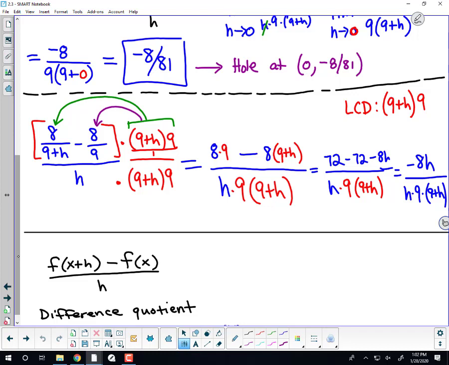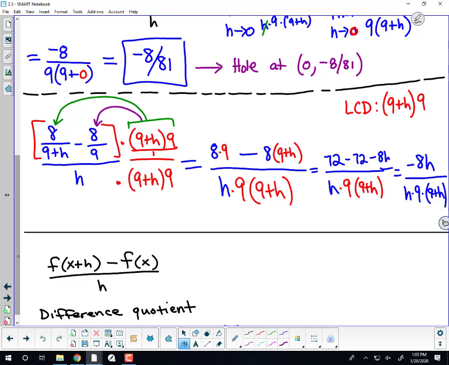We found the difference quotient and simplified it, but in addition, we're letting h go to 0. We'll see that the difference quotient, when h goes to 0, gives us one of the fundamental things of calculus that we talk about in chapter 3. That's based on the idea of the difference quotient.